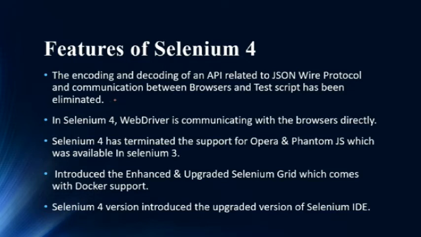In Selenium 3, JSON Wire Protocol APIs were used to communicate between browsers and test script. Now in Selenium 4 it has been eliminated, so WebDriver is communicating with the browser directly. This is the biggest feature implemented in Selenium 4.